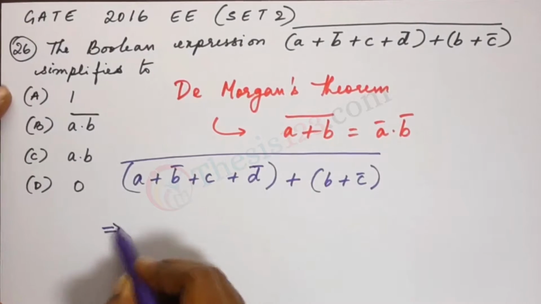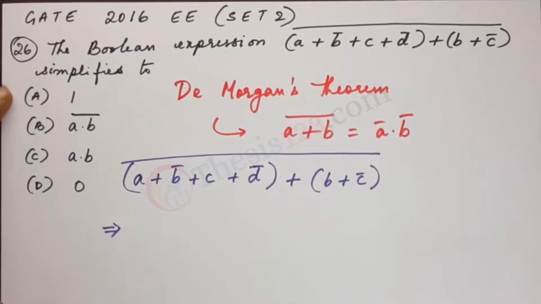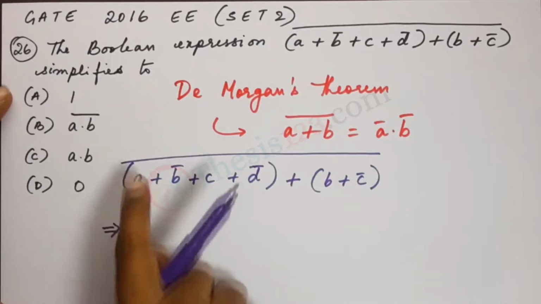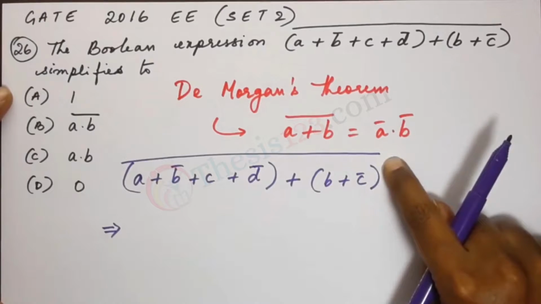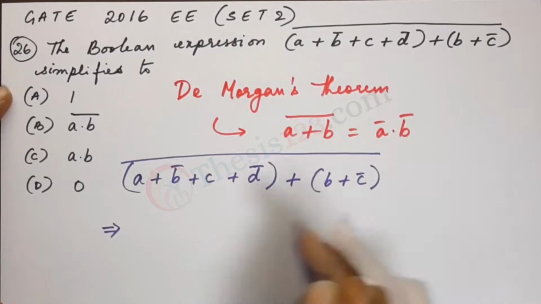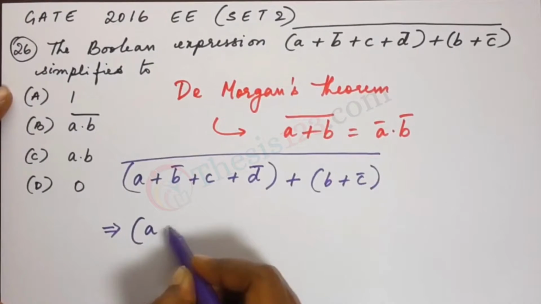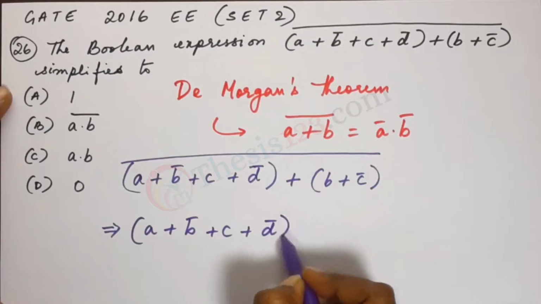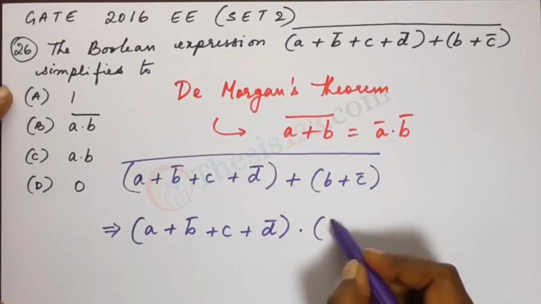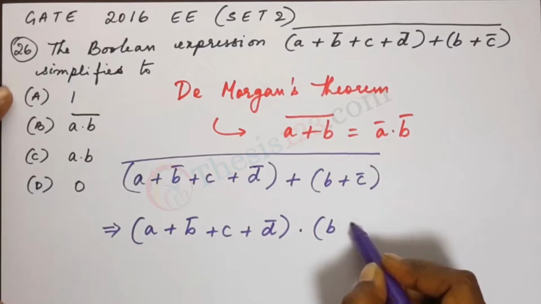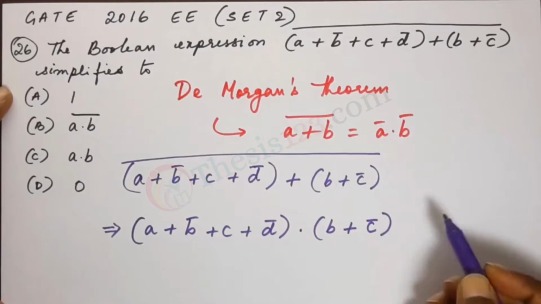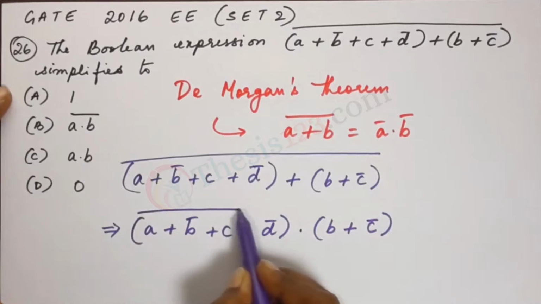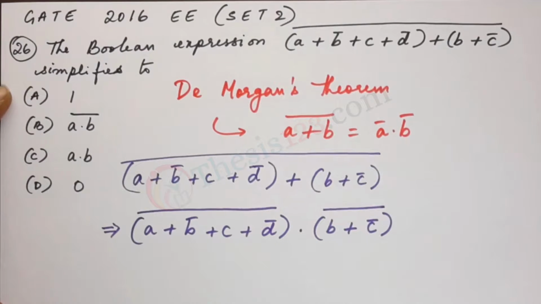Okay, so this can be written as, now the whole thing can be converted into this by using this theorem over here. So we have A or B bar or C or D bar and B or C bar, individual bars.